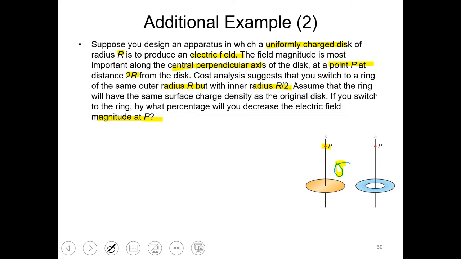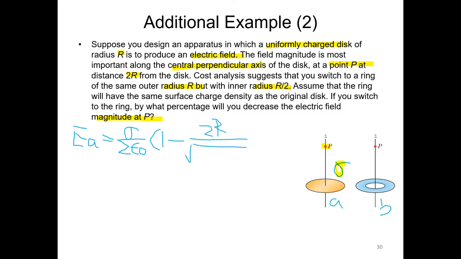So for this case, maybe we can call it A. We call it E_A, which should be sigma over 2 epsilon 0, times 1 minus Z over the square root of Z squared plus R squared, something like this.